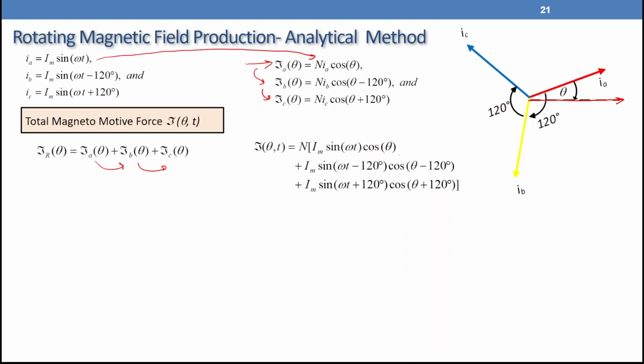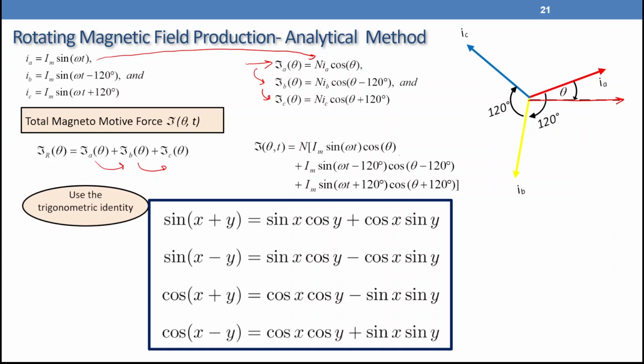We need to simplify this expression. So we are going to use the trigonometric identities. We know that sine x plus y equals sine x cosine y plus cosine x sine y. And sine x minus y equals sine x cosine y minus cosine x sine y.